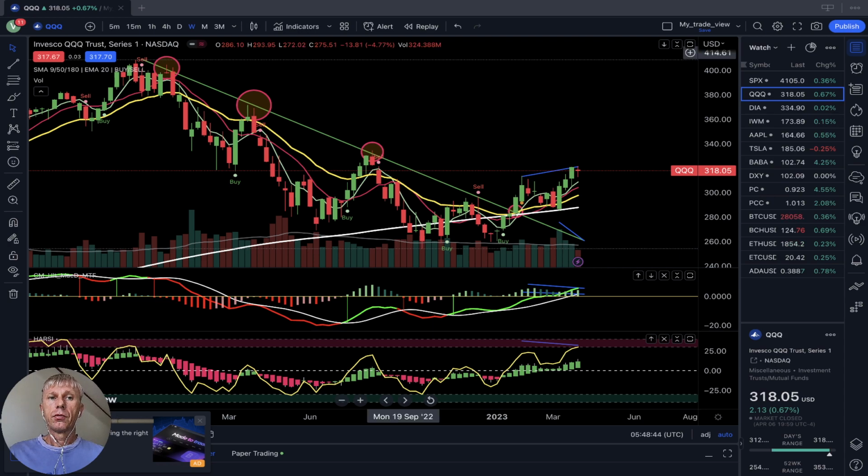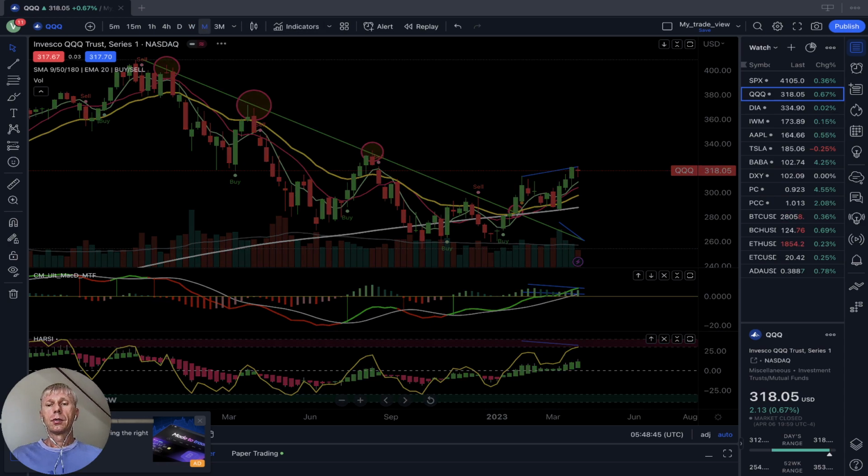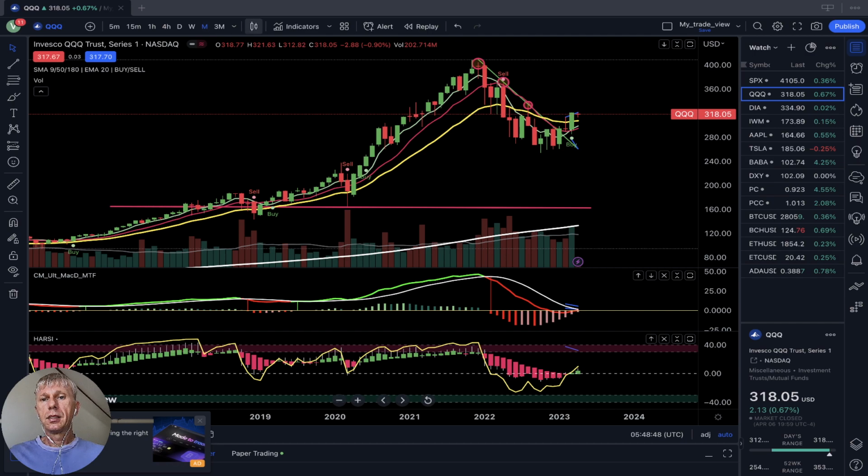On the monthly time frame for Qs, it's a buy signal. MA5 did a bullish crossover over 10. It's a bullish signal. MACD ready for a bullish crossover. Fibonacci already did change direction from red to green. It did a bullish crossover last month.